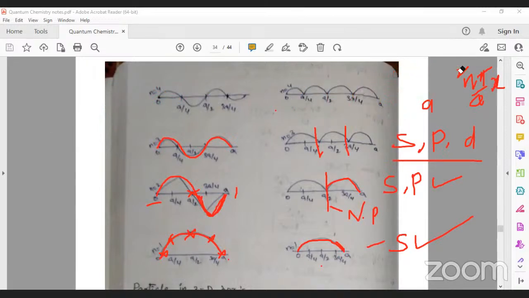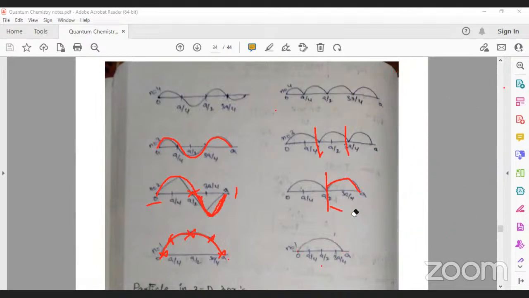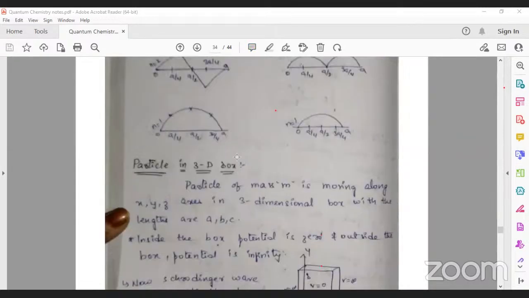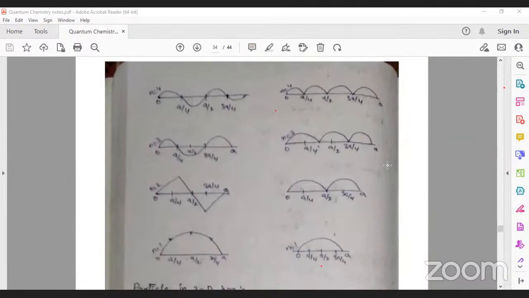With the help of the significance of psi and psi square, we will get how the orbitals are distributed in an atom, and how the various orbitals are represented around the nucleus. This is the information we will get from this. Is it clear?